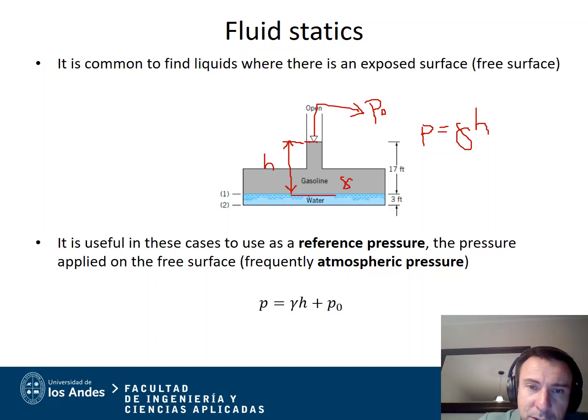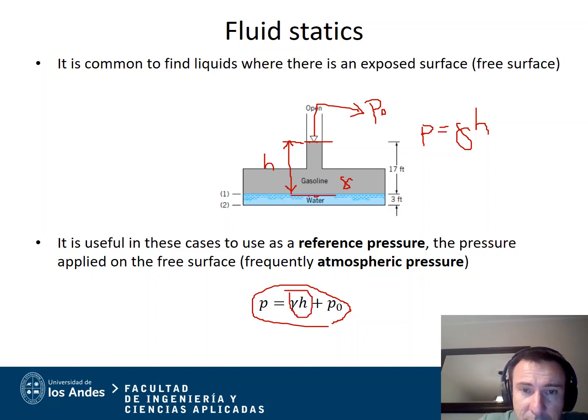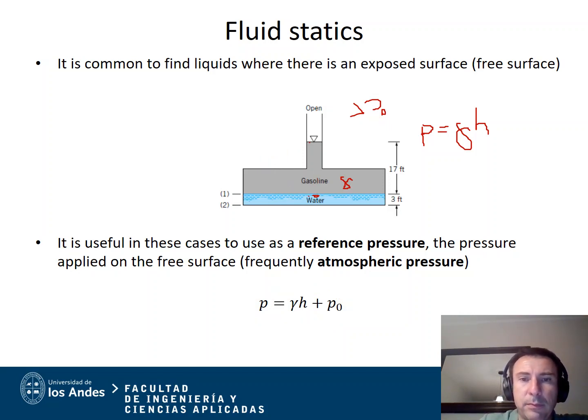So if you know the pressure here, you can compute the pressure here with this equation. The pressure P that you're going to be feeling here is equal to the pressure generated by the water column with this height plus the pressure at this point. Okay? I hope you were able to understand this.